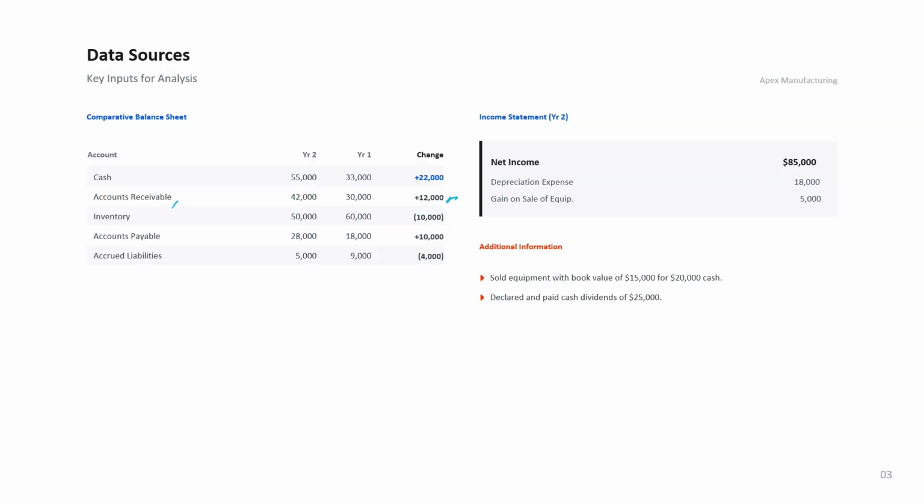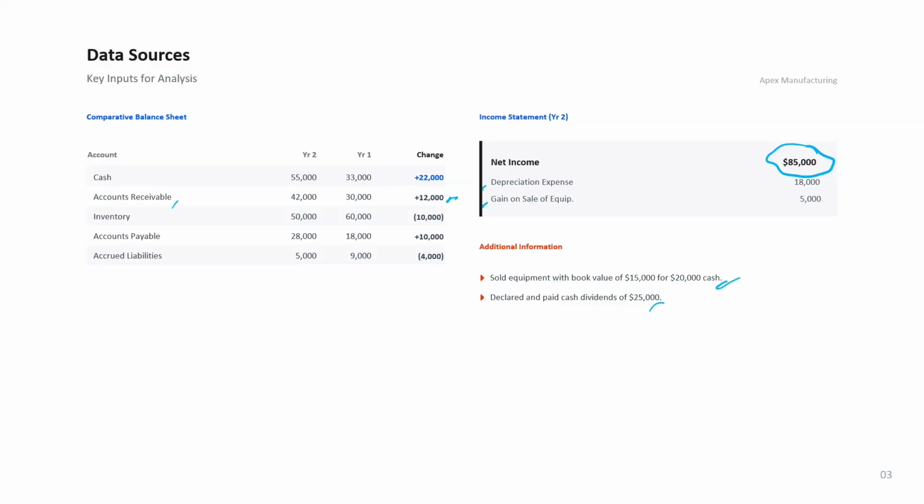The income statement gives us our starting point, which is the net income here, 85,000, plus the non-cash items like depreciation and gain on sale of equipment. We have them here. And finally, the additional information confirms the cash received from the asset sale and cash paid here for dividends. Okay, here we can see them here.